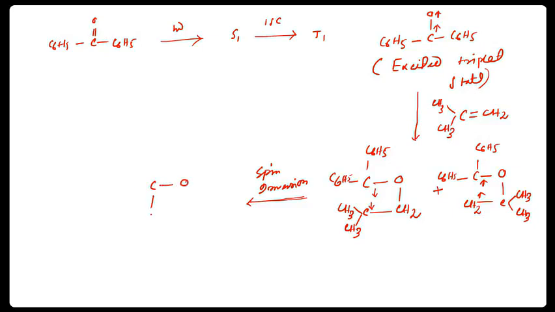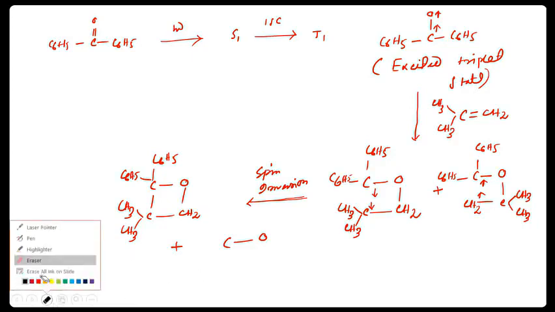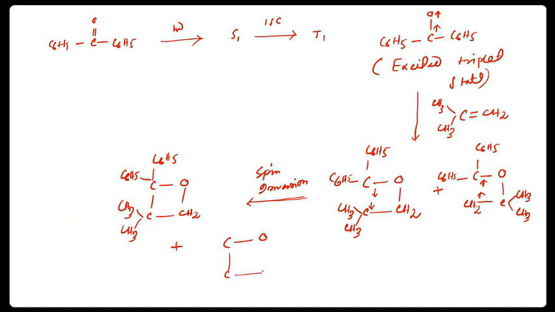We will have this CH2, here two methyl groups, and here it will have C6H5, plus CH3, H, H, C6H5, C6H5.